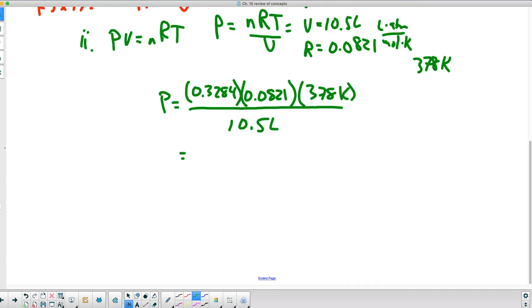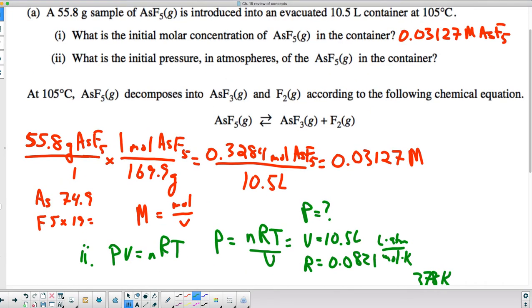Let's go through all of it here: 0.3284 times 0.0821 times 378 Kelvin divided by 10.5. That means I get a pressure of about 0.971 atmospheres. I round that off to 3 significant figures. So there's my answer for part II. Excellent. Shouldn't be any problems.